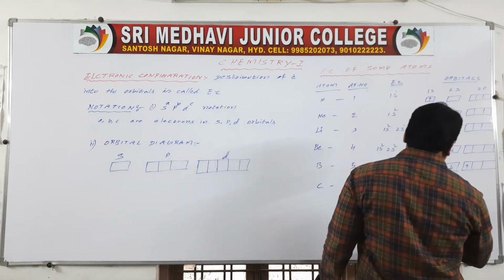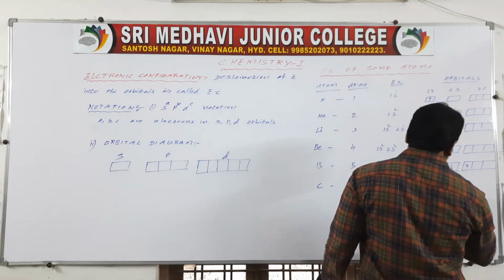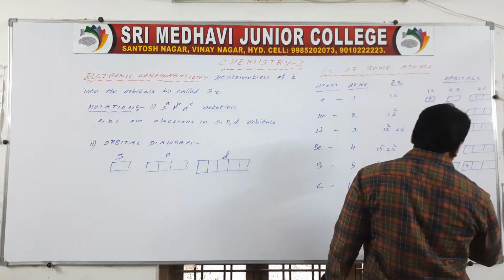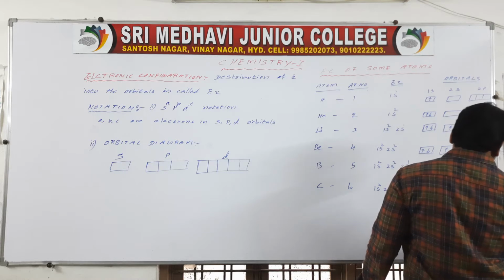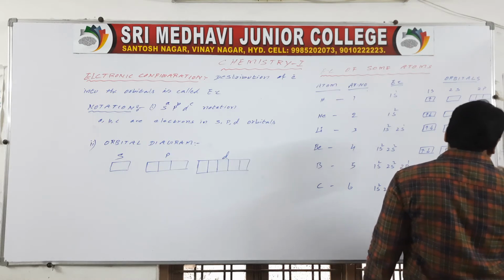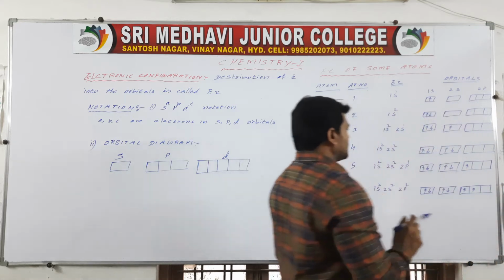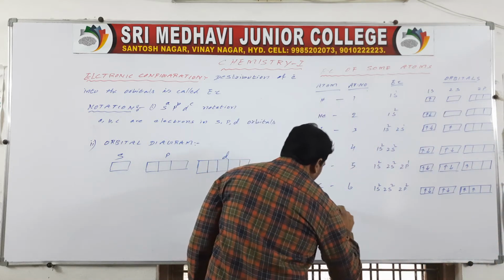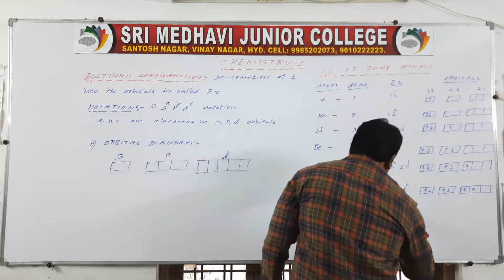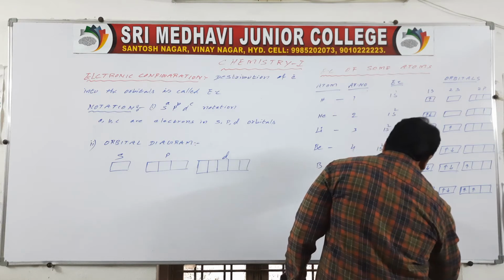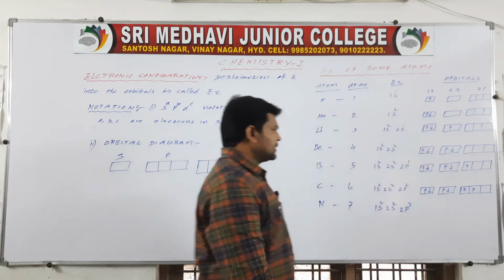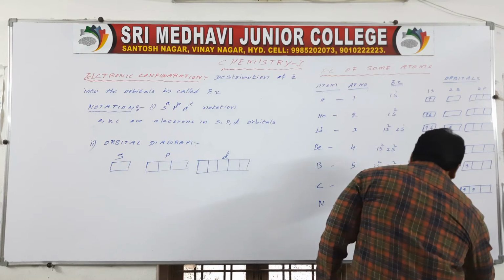Then after carbon, nitrogen, atomic number 7, electronic configuration 1s2, 2s2, 2p3.